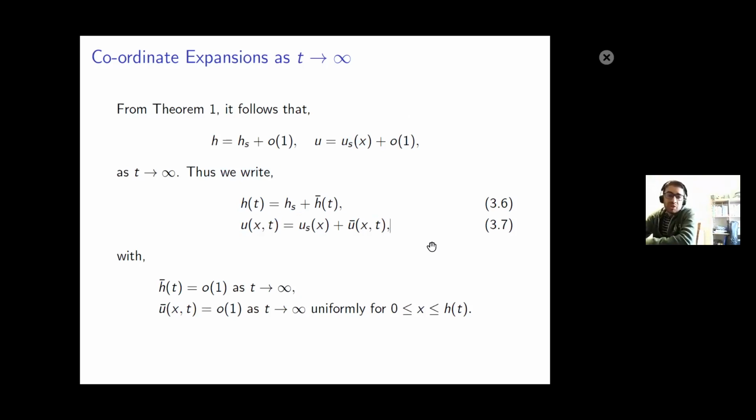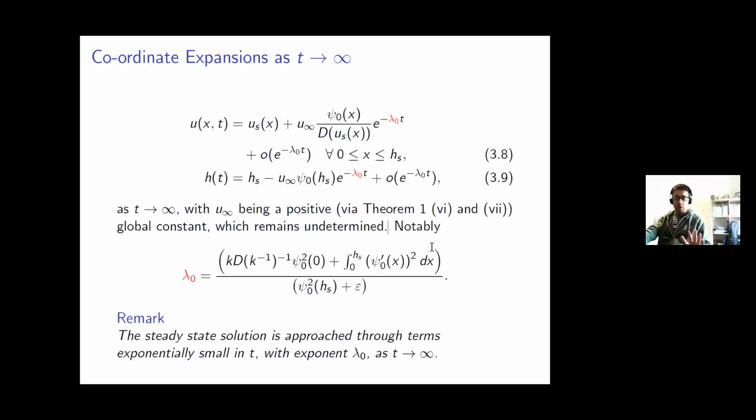Now, I'm going to skip all the details of how we do this. By substituting this in, you get an eigenvalue problem to determine the convergence rates. I'm going to skip all the details of that and just state the results because I'm running out of time. But what this says is as t tends to infinity, u is approximately equal to the steady state plus this term here and this term, which is exponentially decaying as t increases.